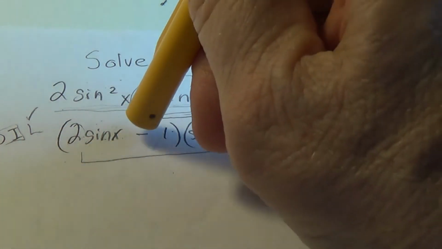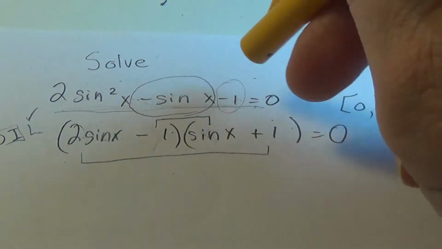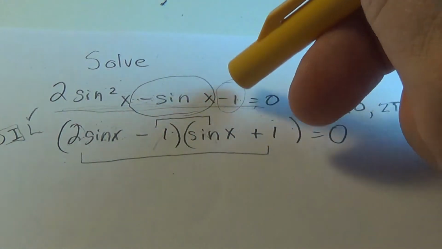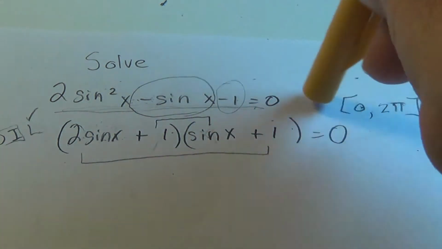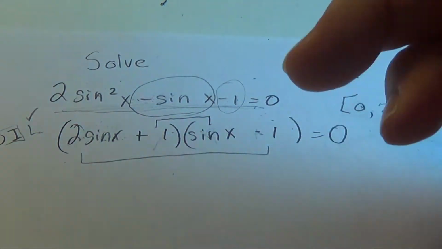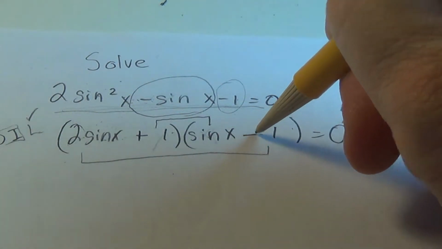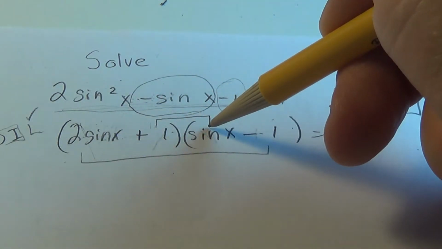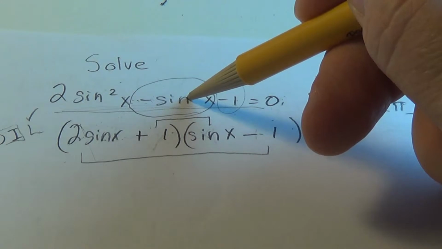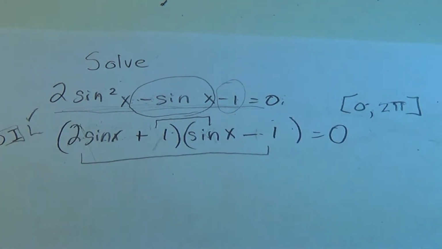So let's try the only other thing we can try. This times this has to be -1. But what if this side is positive and this side is negative? Now when you check the inner and outer products, you get -2 sine x, positive 1, which is a -1 sine x. So this is the correct factoring.